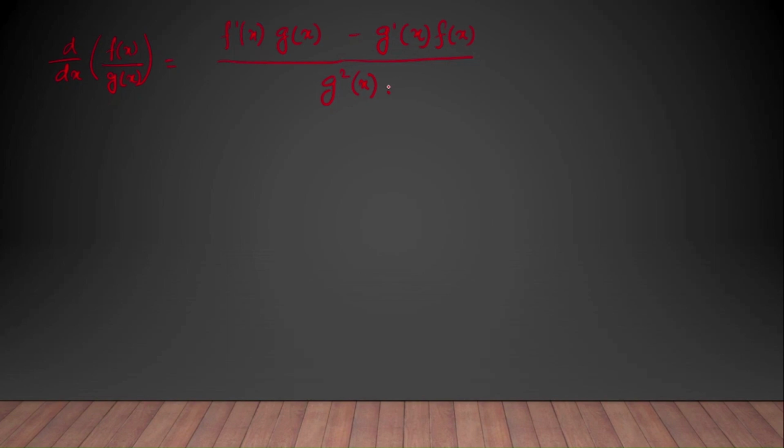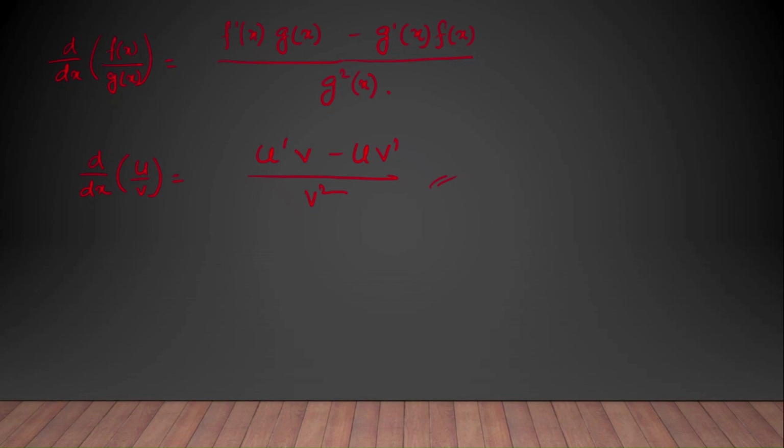This is our quotient rule. Or in another form, you can write d/dx of u by v as u'v minus uv' divided by v square. This is the quotient rule for the methods of derivatives.